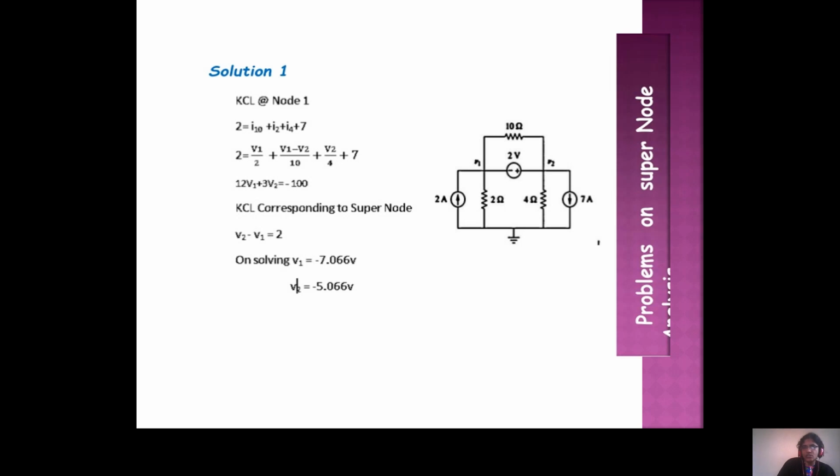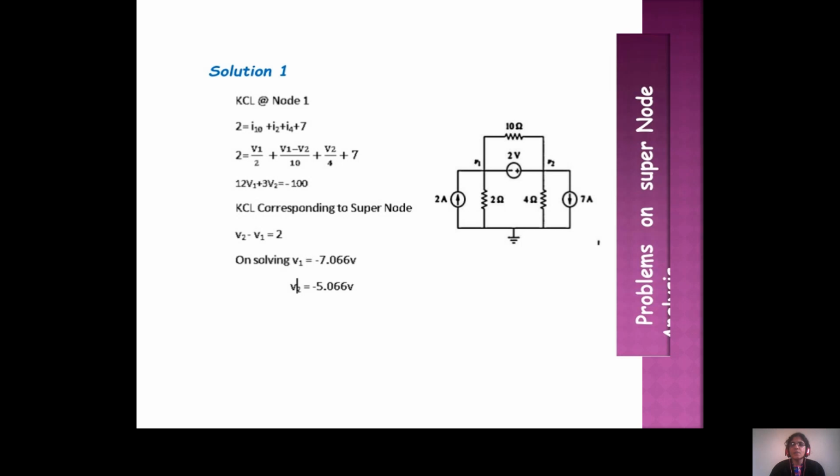These two are current sources, so there is no need to write them in the form of voltage; the current source is used directly. 2 is equal to V1 by 2 plus V1 minus V2 by 10 plus V2 by 4 plus 7. So 12 V1 plus 3 V2 is equal to 100.